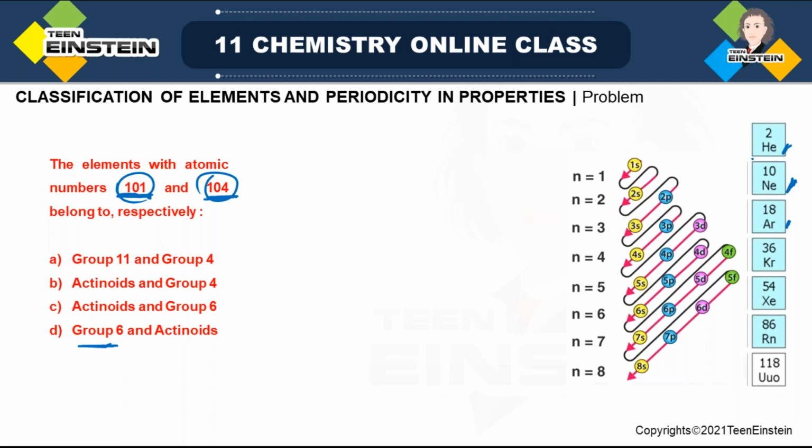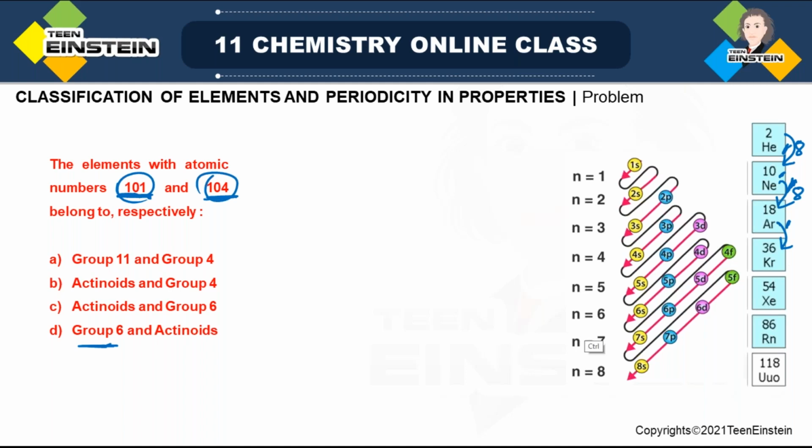It is not very difficult to remember, because just add 8 to helium, you will get 10. Then add 8, you will get 18. So 8, 8. Next you have to add 18. In this way, you can proceed as you are moving down. So just remember 2, then add 8, 8. Or if you directly remember, that is also fine. It is up to you how you want to remember.